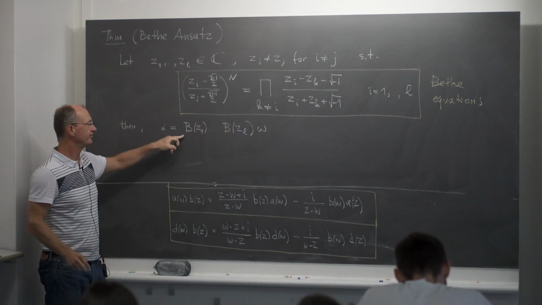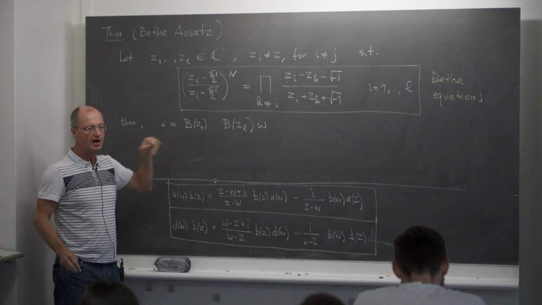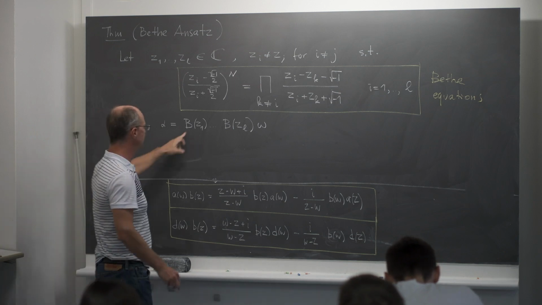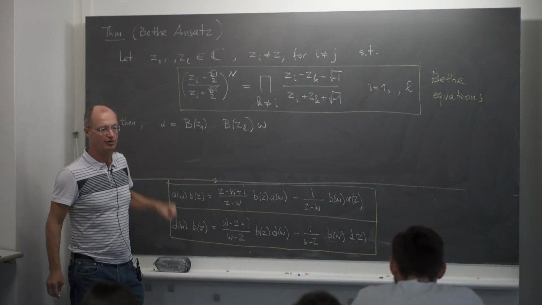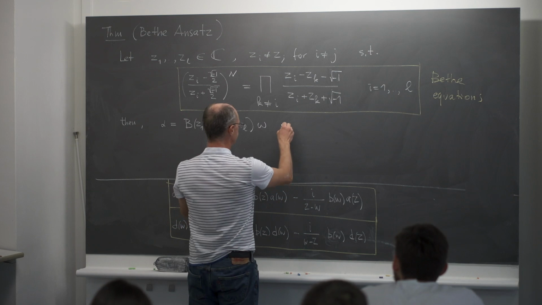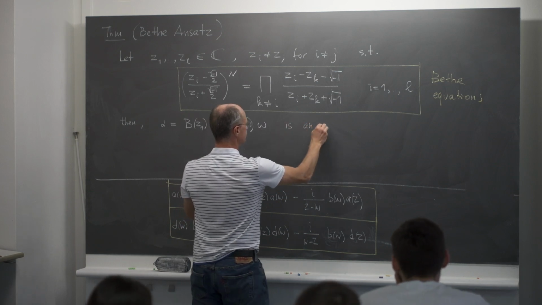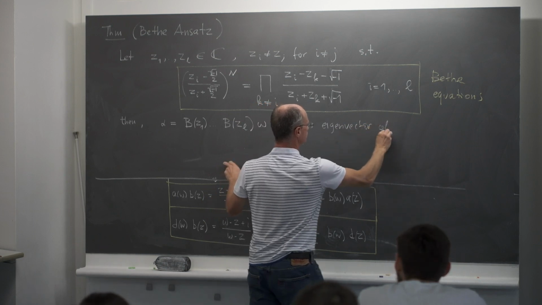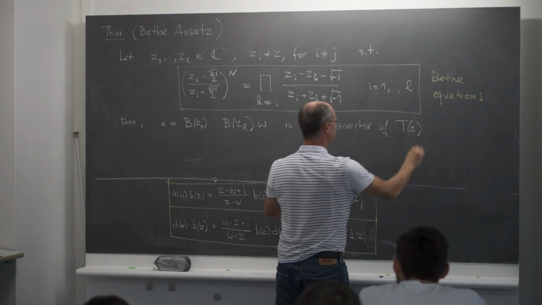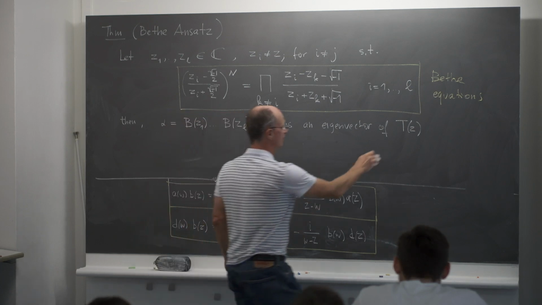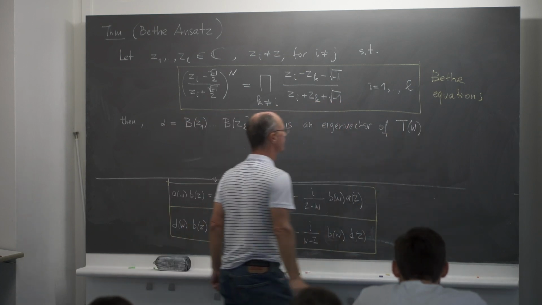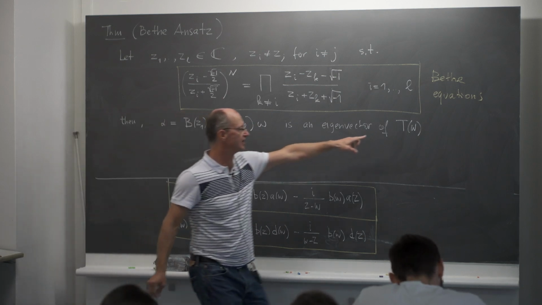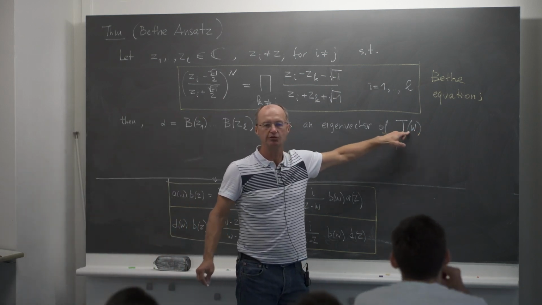So then the vector, we're now using them as arguments of the operators B, and act on the vector omega that we were discussing in the beginning of today's class. Let me better call it T(w). Then this is a common eigenvector of T(w) for all w.